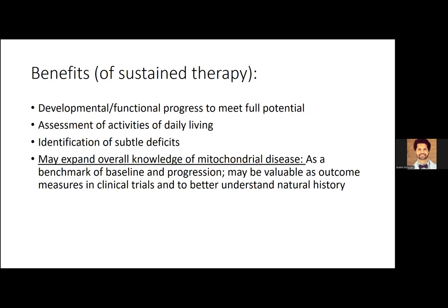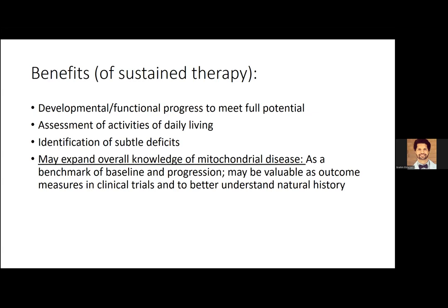So, as you all know, historically, some of the reason that we don't have FDA approved therapies or we haven't had many clinical trials up until recently is because we don't have a good outcome measure.